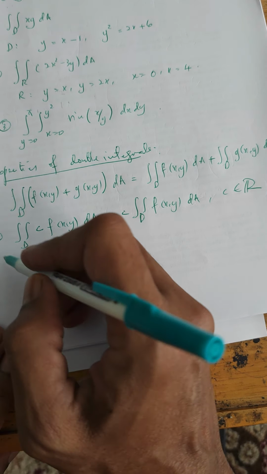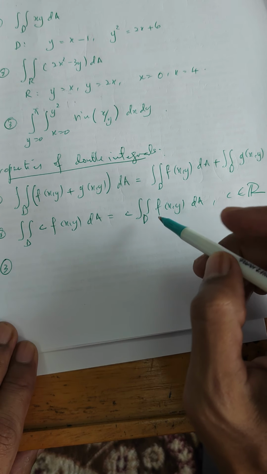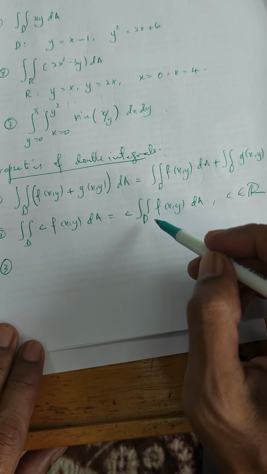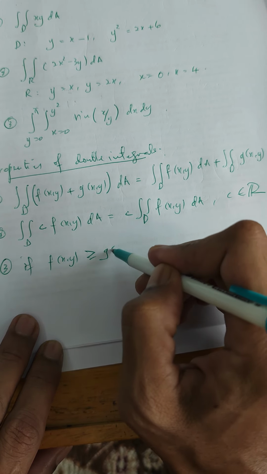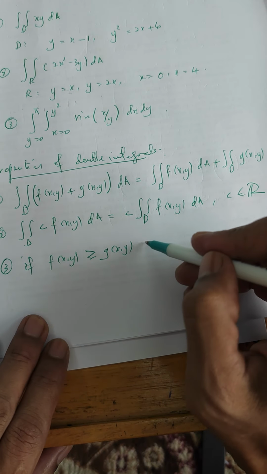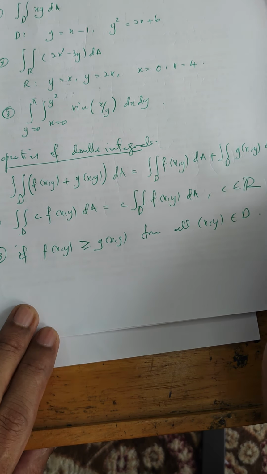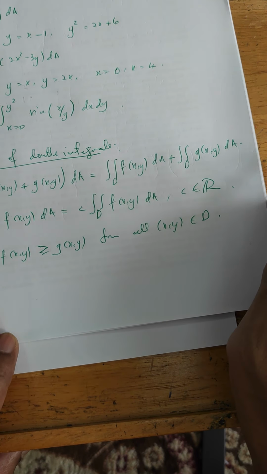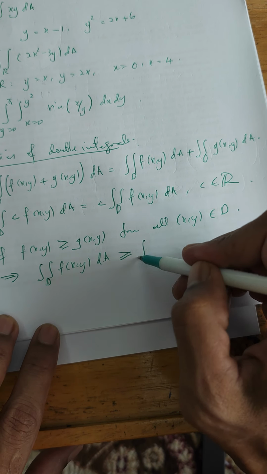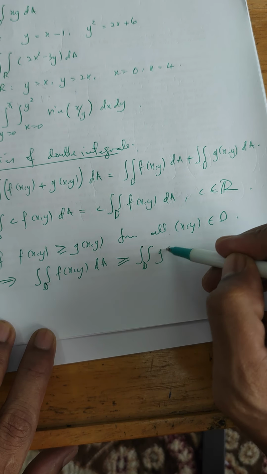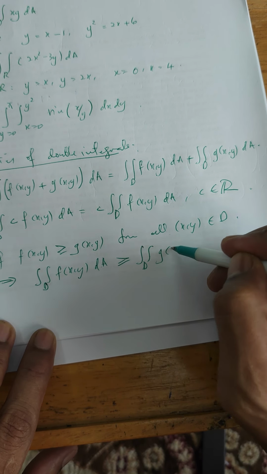Alright, and if you have a function f(x,y) greater than g(x,y) for all (x,y) in D, then the integral over D of f(x,y) dA will be greater than the integral over D of g(x,y) dA.